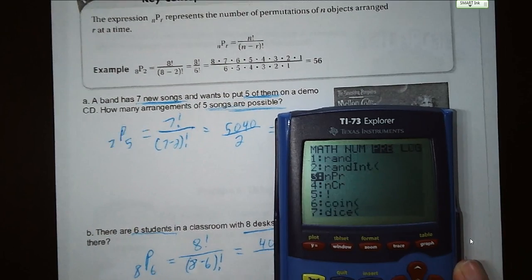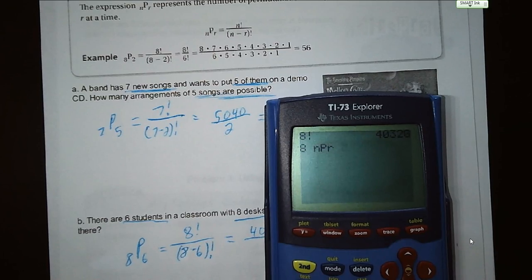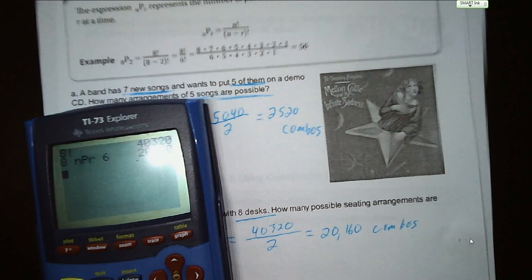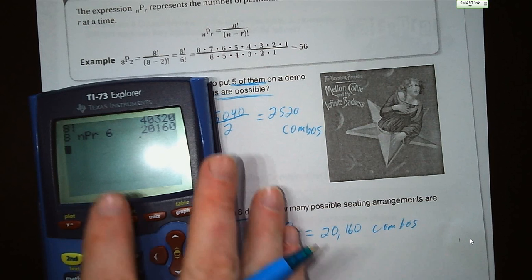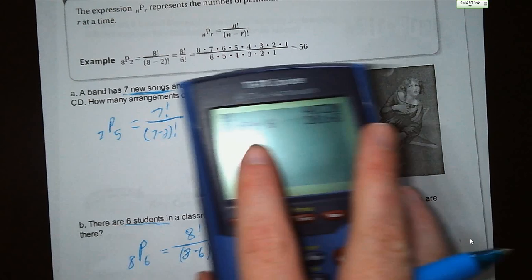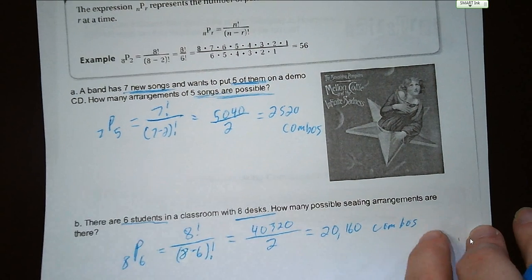So if we use nPr, not National Public Radio, but permutation, 8 going into 6 ways, 20,160 combinations, which is exactly what we came up with in our calculation. So that math function will do the permutation notation for you. It'll do the work for you.